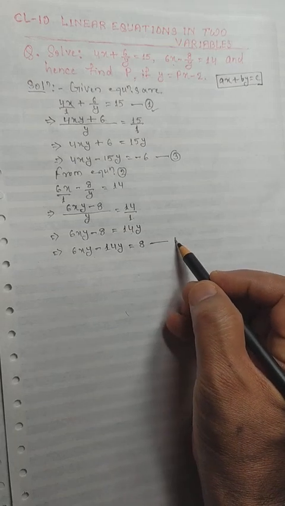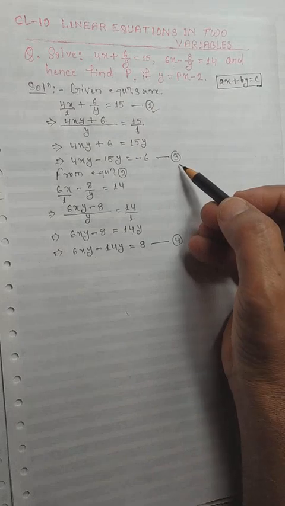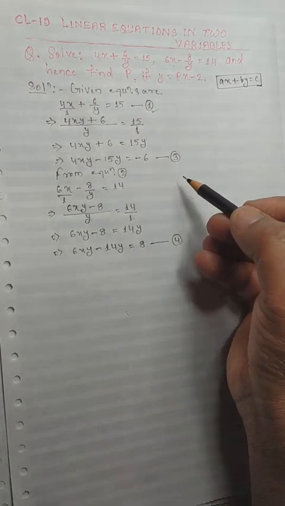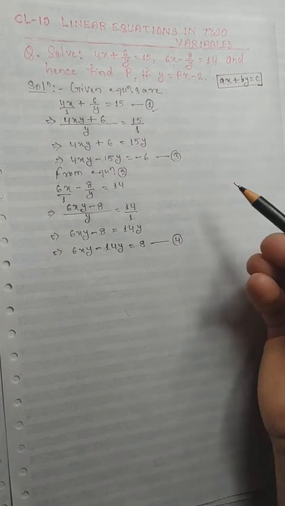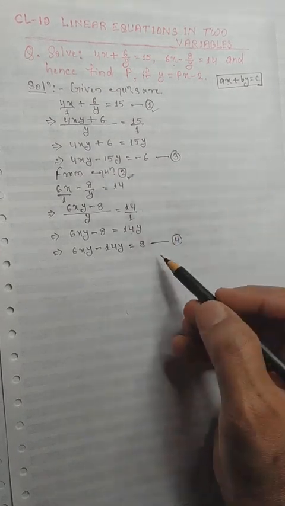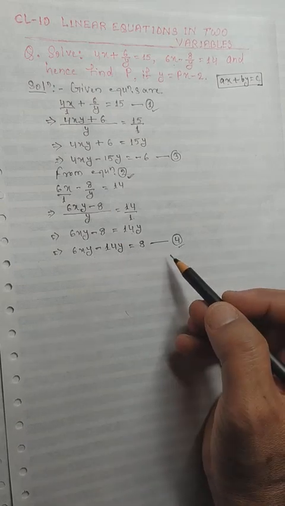So from equation 2 we got another equation, equation 4. From 1 we simplified and got equation 3. We say we simplified or reduced it to the form ax plus by equal to c, and we started from equation 2, reduced it to the form, and then we got another.